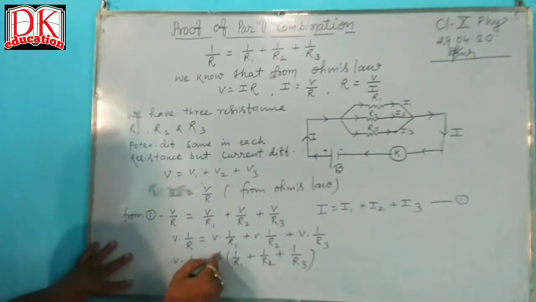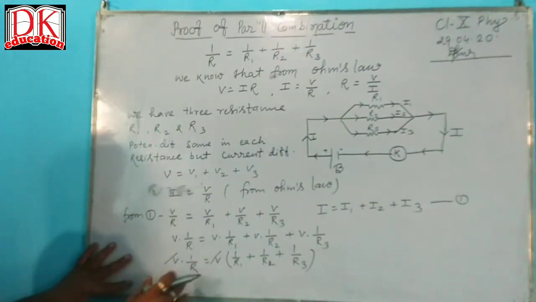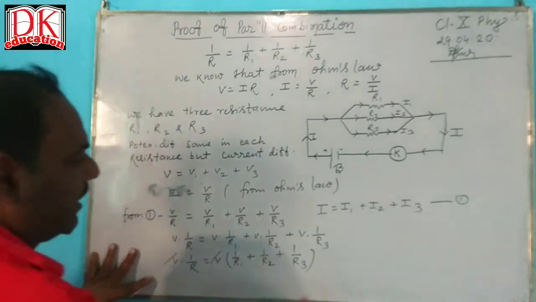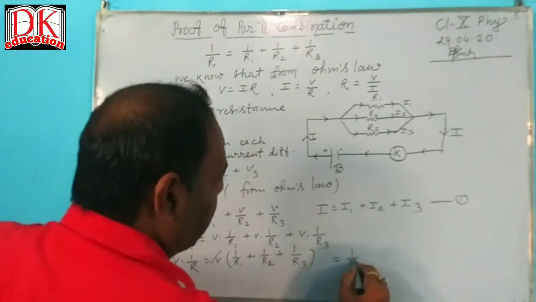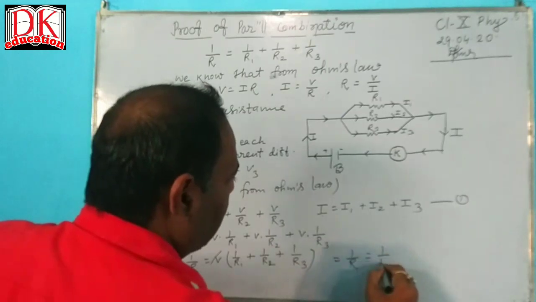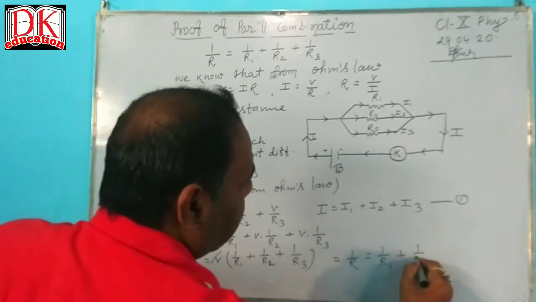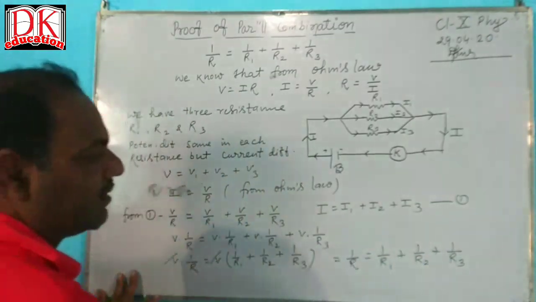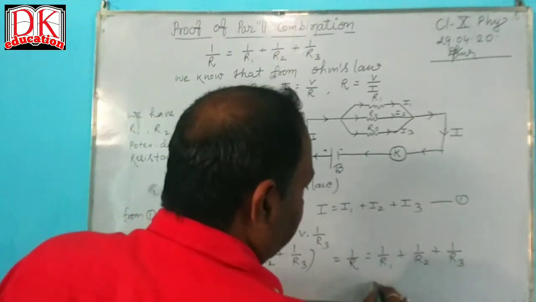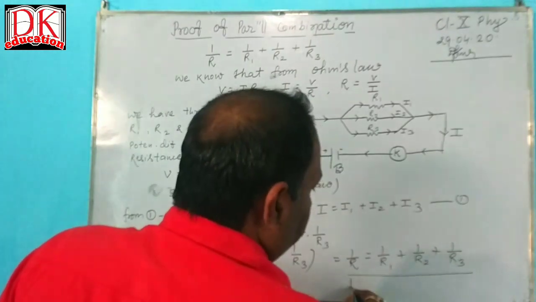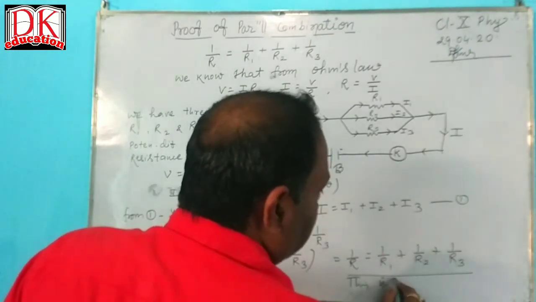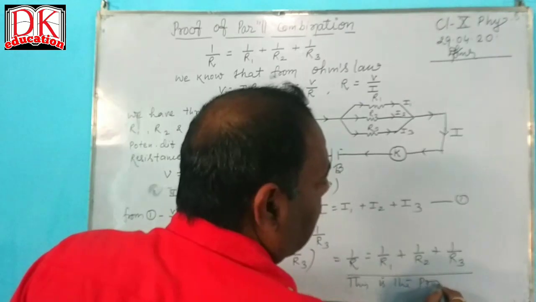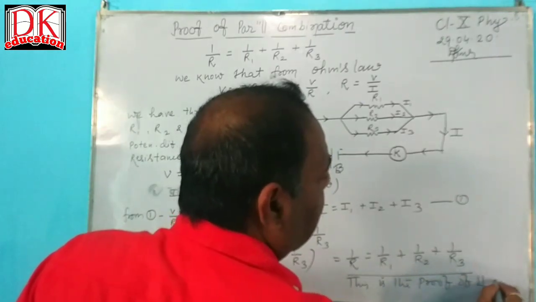After cancellation of V on both sides, we have 1 by R is equal to 1 by R1 plus 1 by R2 plus 1 by R3. This is the proof of the parallel combination.